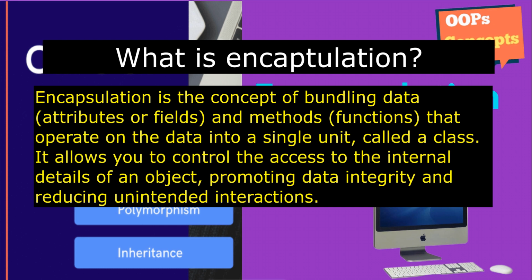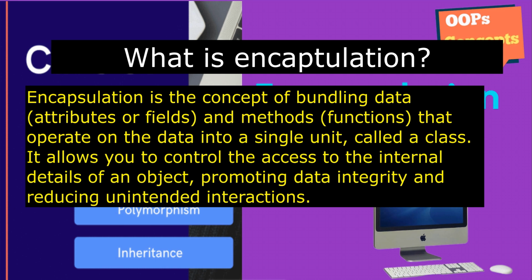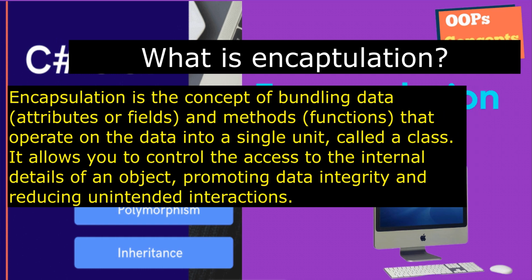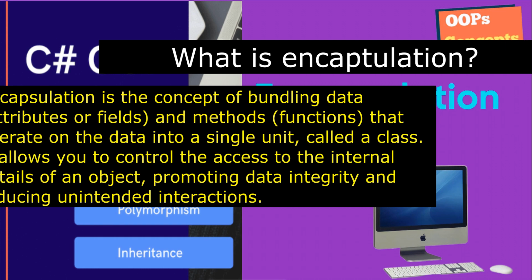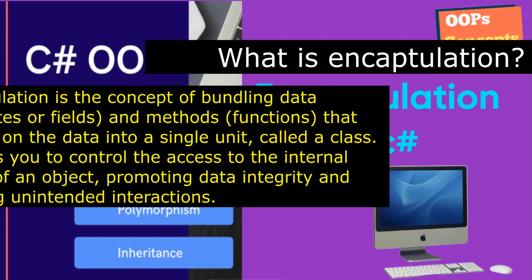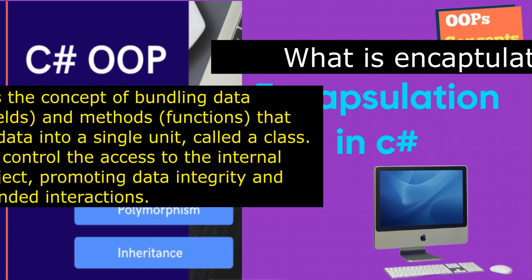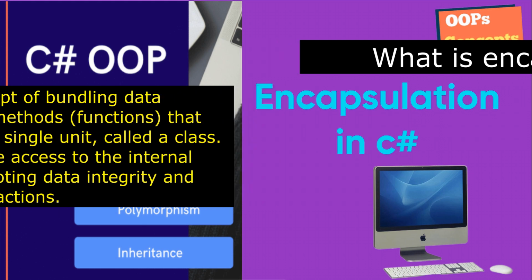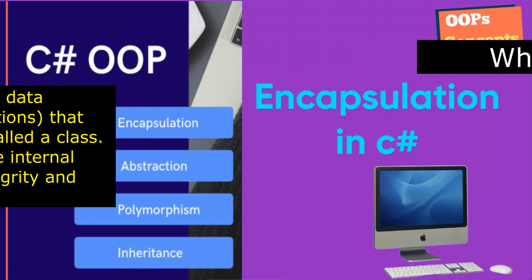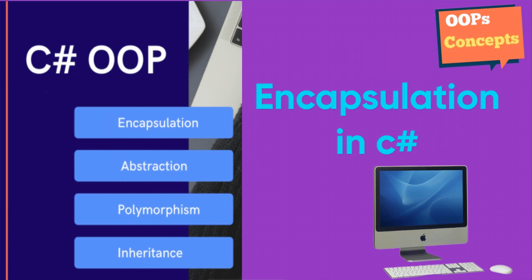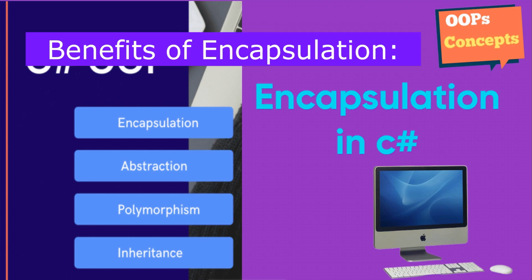It allows you to control the access to the internal details of an object, promoting data integrity and reducing unintended interactions. You can control the visibility of members outside the class by using access modifiers such as public, private, protected, or internal.